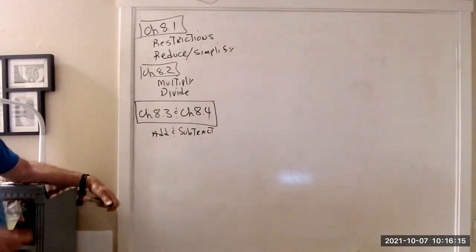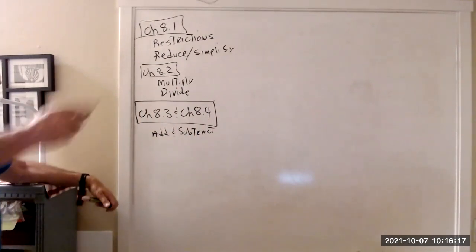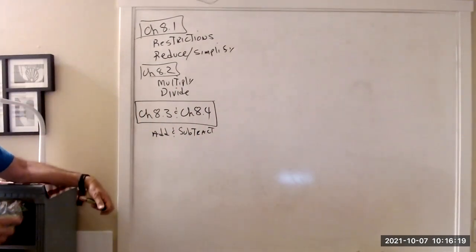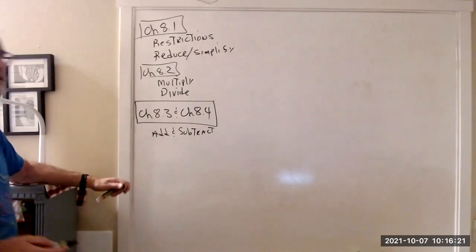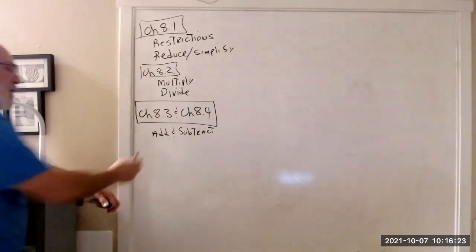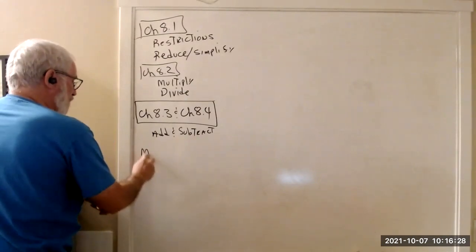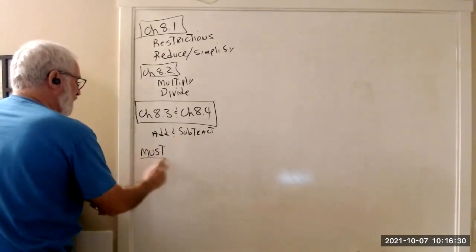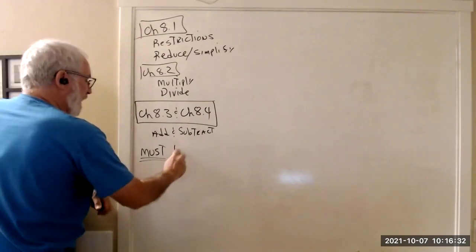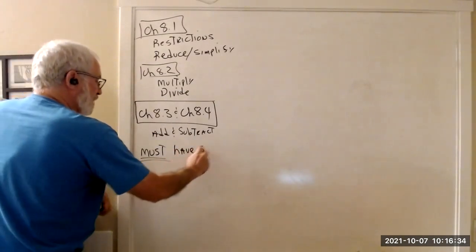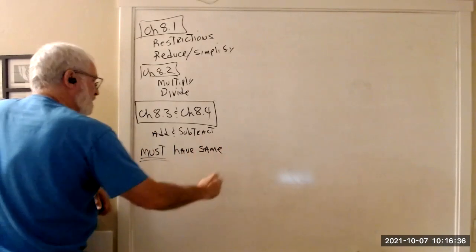Okay. To go way back to whenever you were introduced to fractions, the key to adding and subtracting is they must, and I cannot stress that enough, they must have the same denominator.